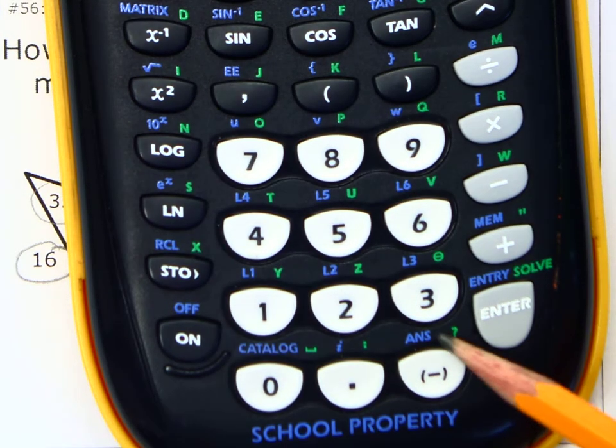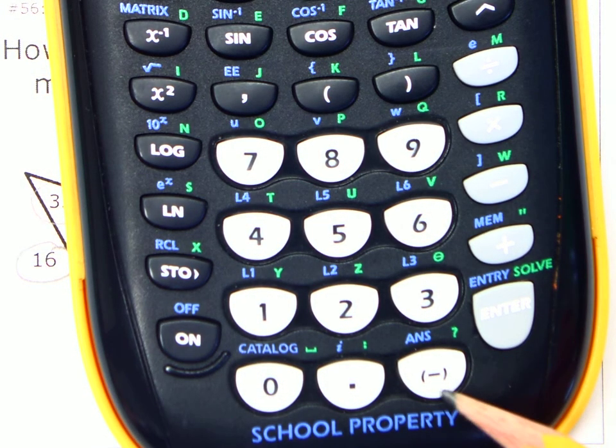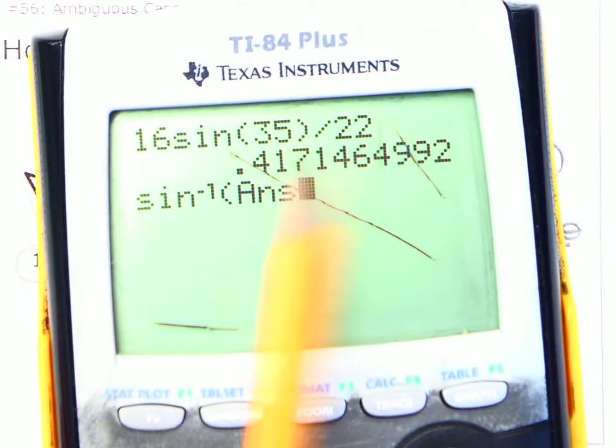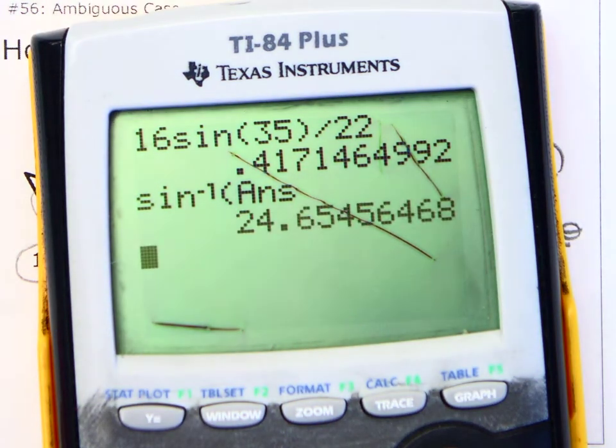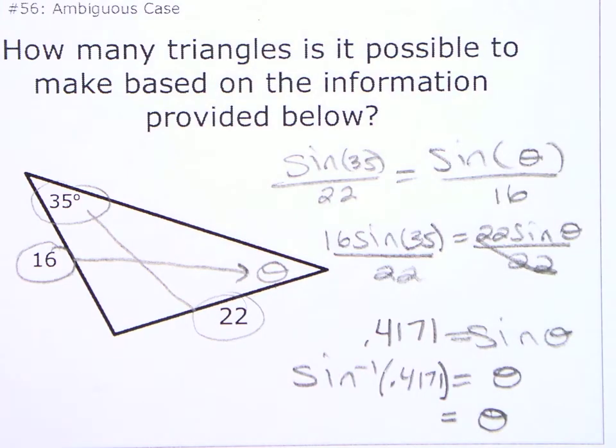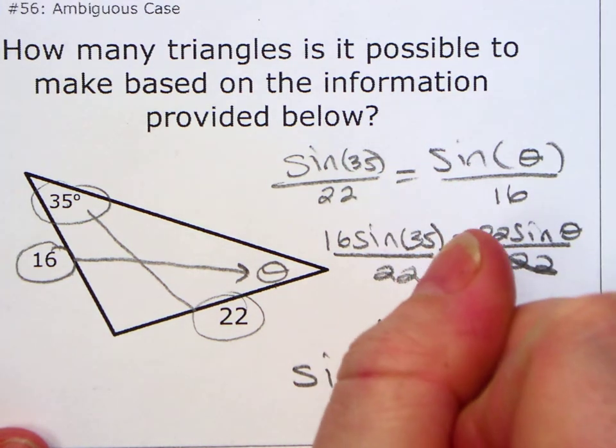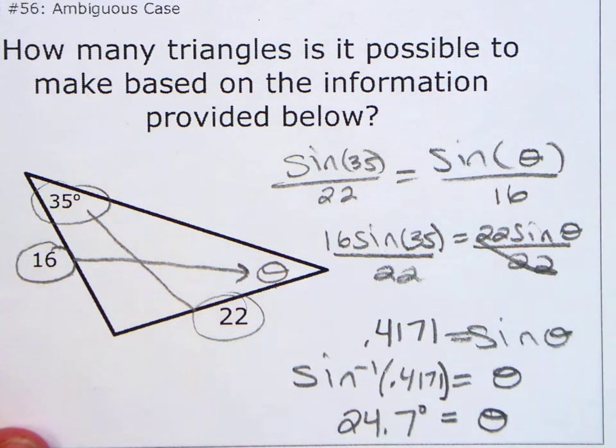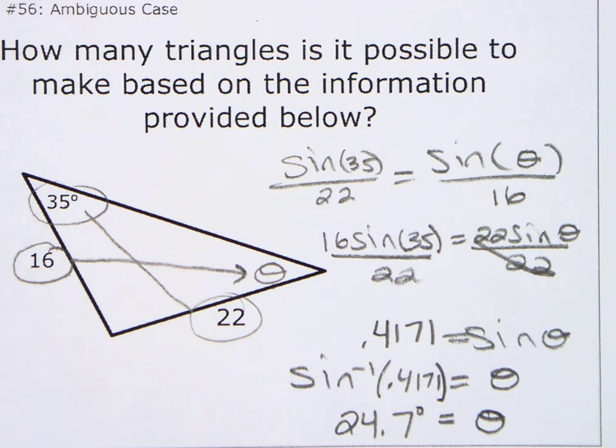See, it's right there, right under the negative. So if I hit the second button and then this, it's taking this entire decimal and putting it into the inverse. 24.65. Let's make it 24.7. 24.7 degrees. So we have at least one triangle, right?